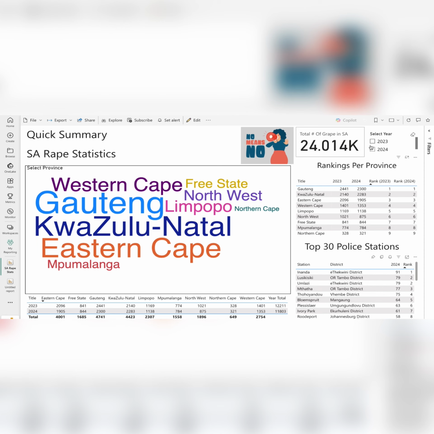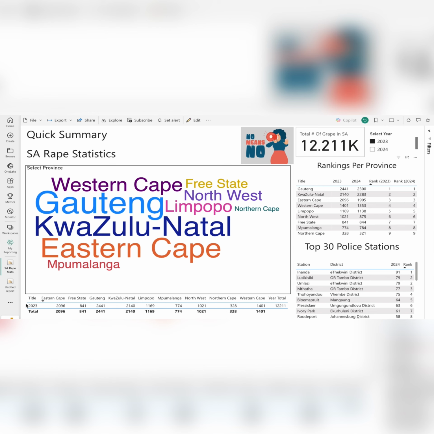When we combine 2023 and 2024, that's the number we get, and you can see the breakdown of that number directly down here. Now, if I select 2023, it becomes 12,211, right down there.